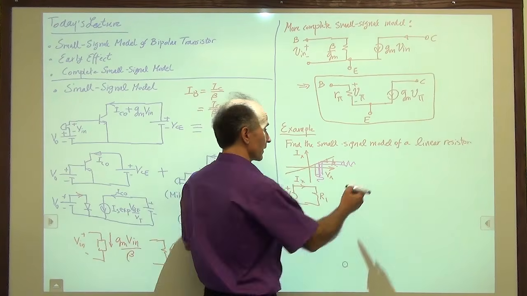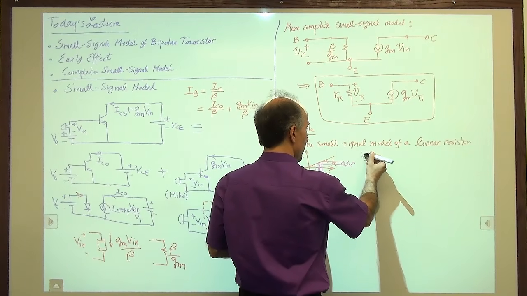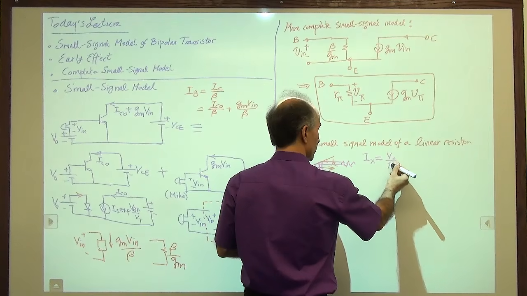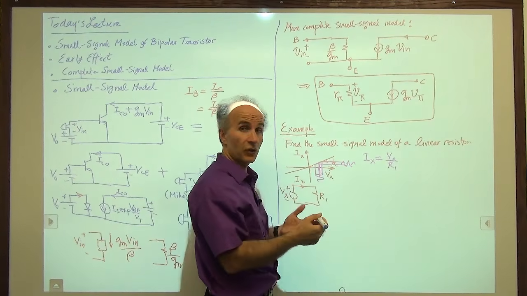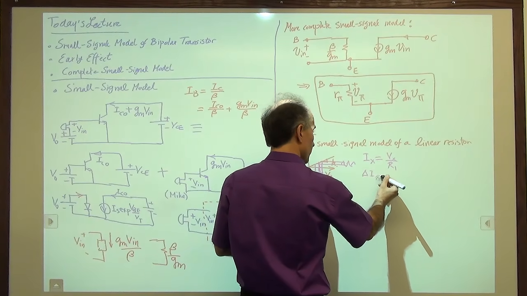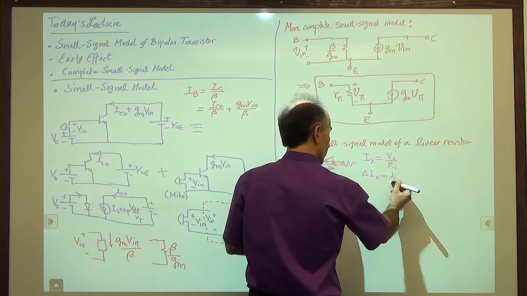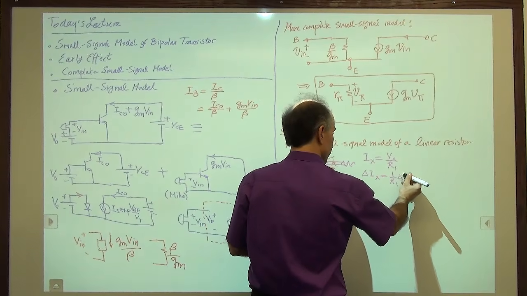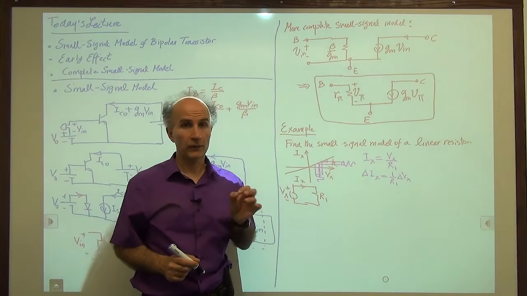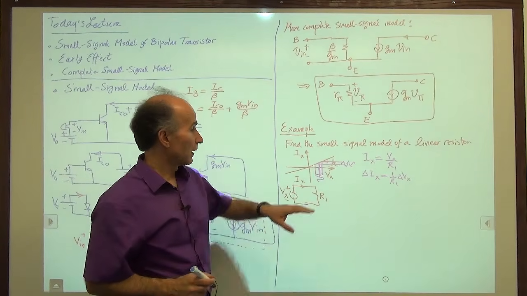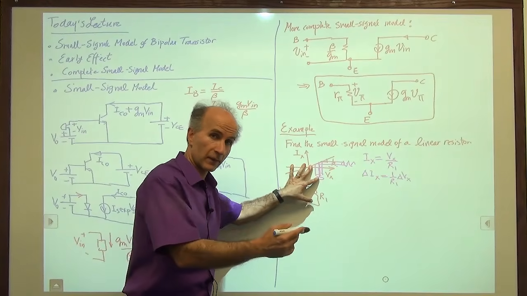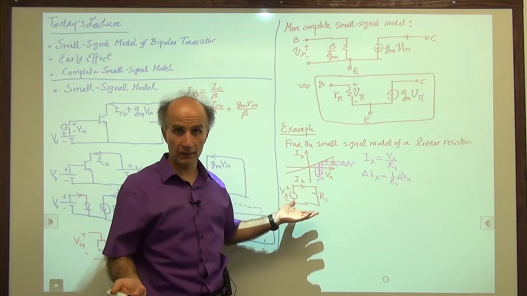So regardless of what's going on, we can always say Ix is equal to Vx over R1, or if you are interested in changes, we can say delta Ix is always equal to 1 over R1 times delta Vx. So in contrast to a bipolar transistor, a linear resistor has the same model for large signals and small signals. It doesn't make any difference.